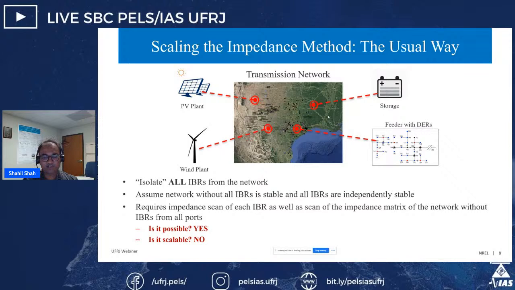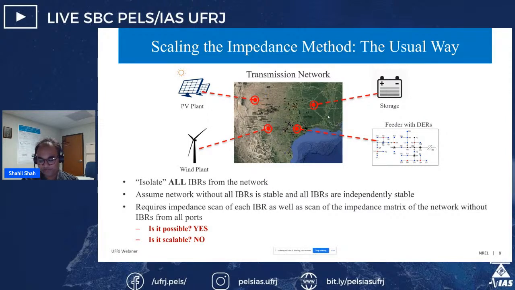Probably you want to look at only three or four big plants to see what they are doing, whether they are contributing positively to the damping or negatively, so that you can take some remedial actions. Because your objective is that the whole system remains stable, not to do analysis at all IBRs.